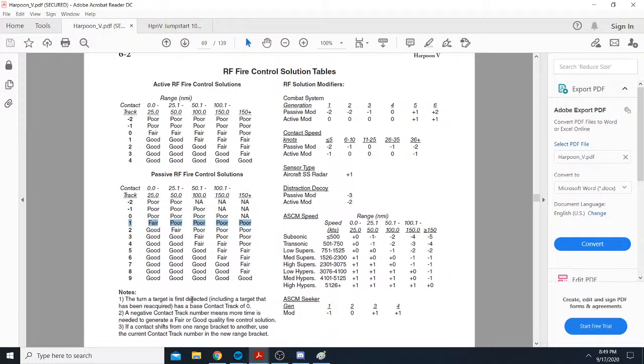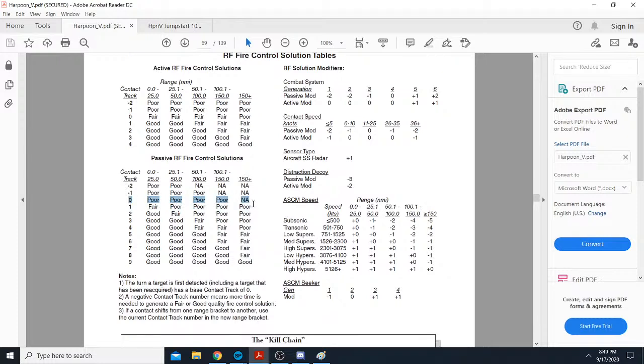This is the turn a target is first detected. Let's see. Oh, I'm sorry, it's 0 for the first turn, right? But for the American, they start back here, and again up here for active. So it takes the American potentially 1 or 2 more tactical turns to get a fair, if they're even allowed to, right?